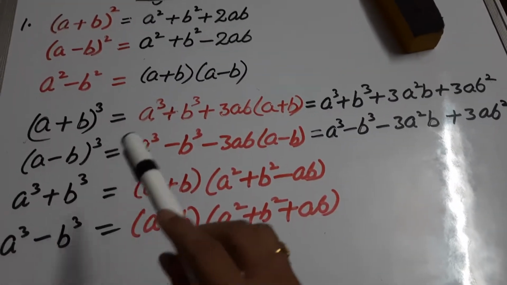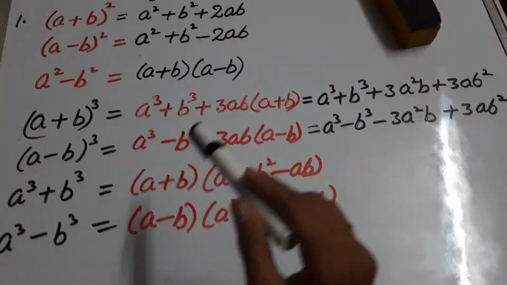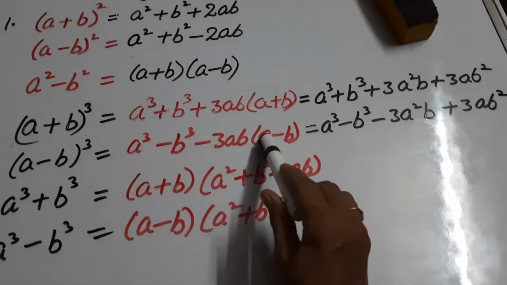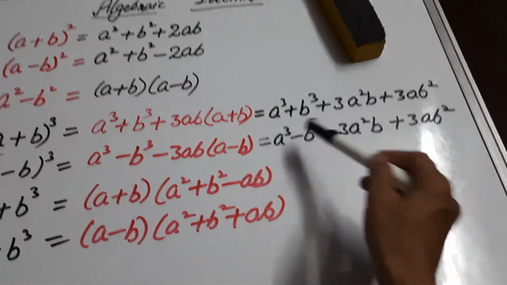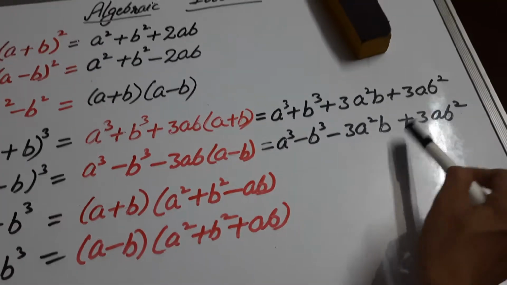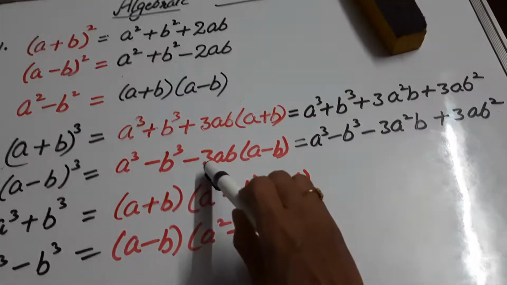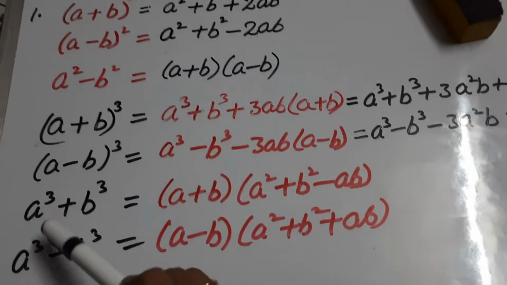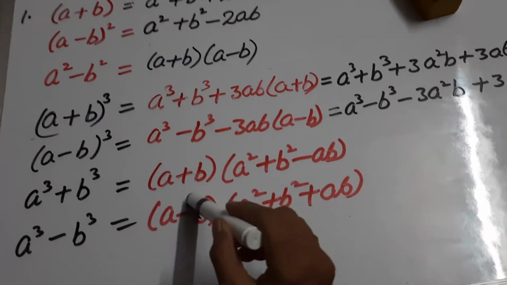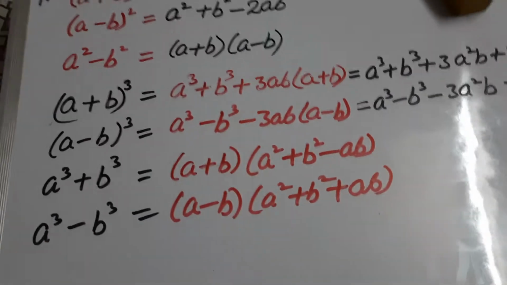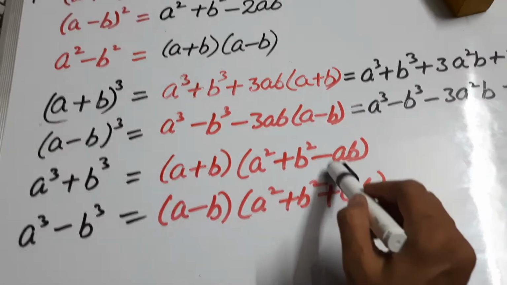Similarly, (a minus b) whole cube is a cube minus b cube minus 3ab into (a minus b). When we open this bracket, we get a cube minus b cube minus 3a square b plus 3ab square. Then individual cubes: a cube plus b cube is (a plus b) into (a square plus b square minus ab). 2 is not there, remember.